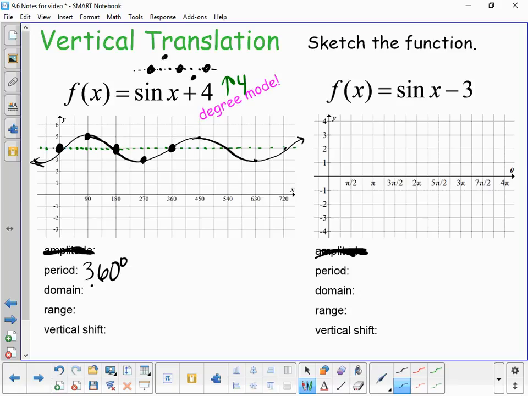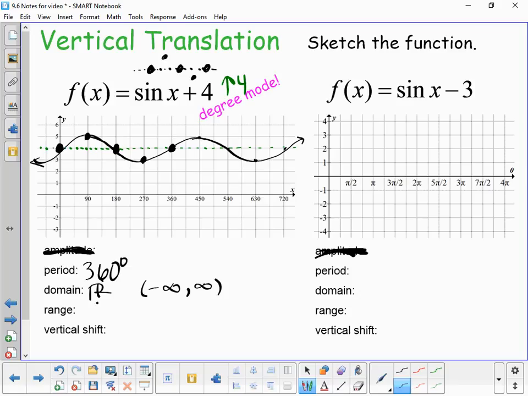The domain, which we talked about last time for this function, is all real numbers. You can use that real number symbol, or you can write from negative infinity to positive infinity. And for this function, and for all functions, remember that the range is the lowest value, the minimum value, up to the maximum or highest value, bottoms up.